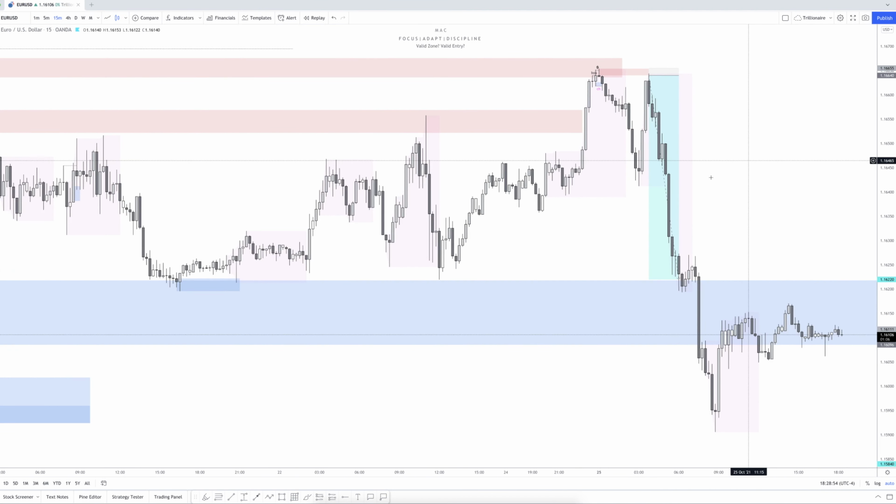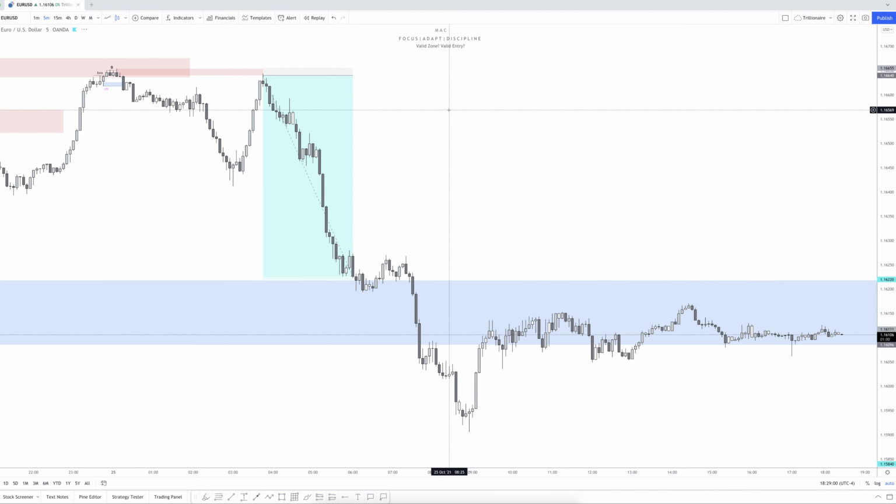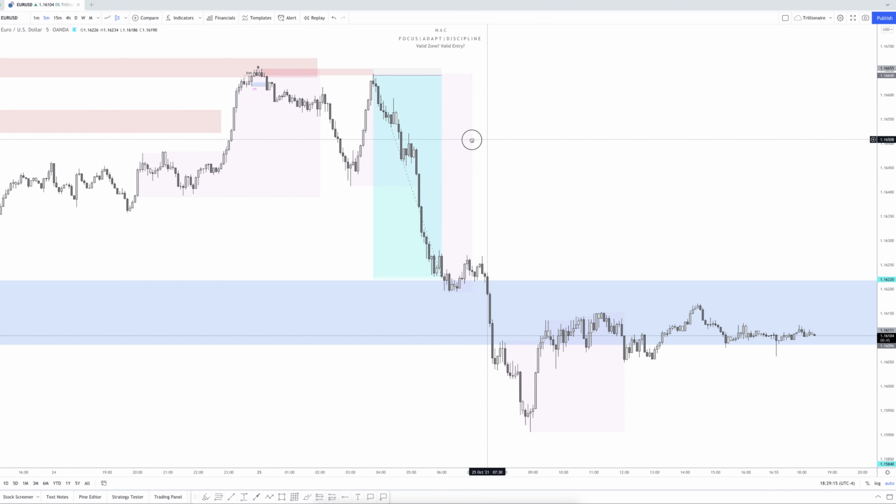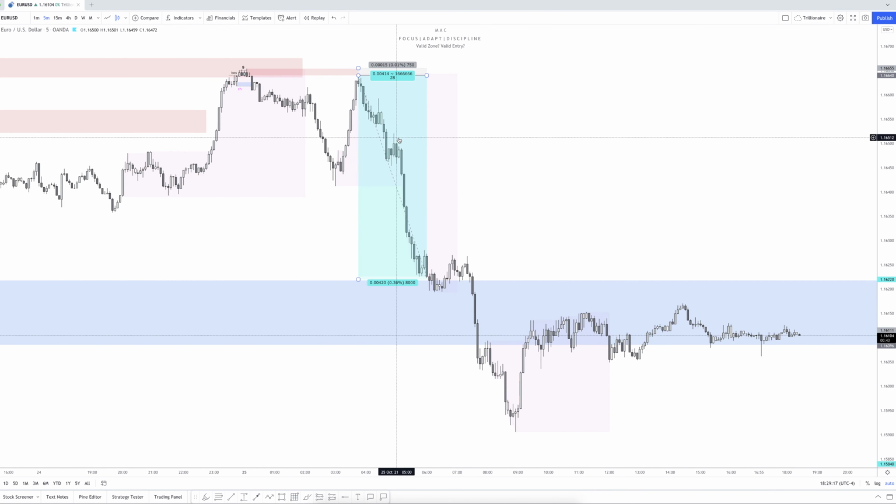So targets for me, my first target was here, but you guys can see how much momentum price has pushing to the downside. Even if you look on the M5, a small stall here, we actually created an area of possible interest that price could have returned back to. I want to see how price is going to interact with this when it comes back to this area, maybe even this one too. We'll see what happens, but this is just the lower time frame.